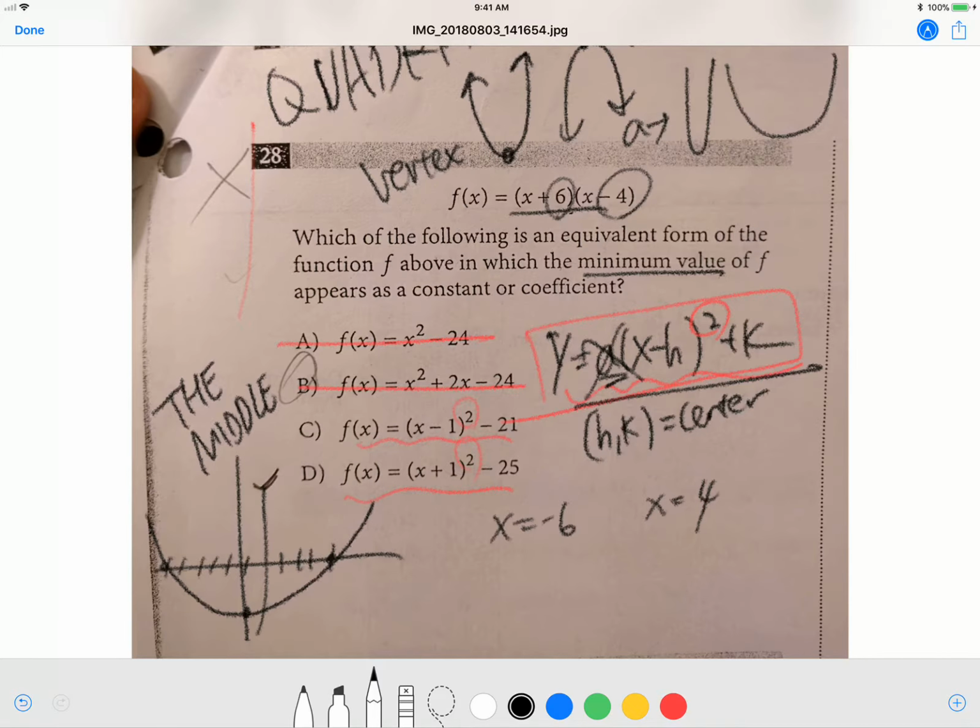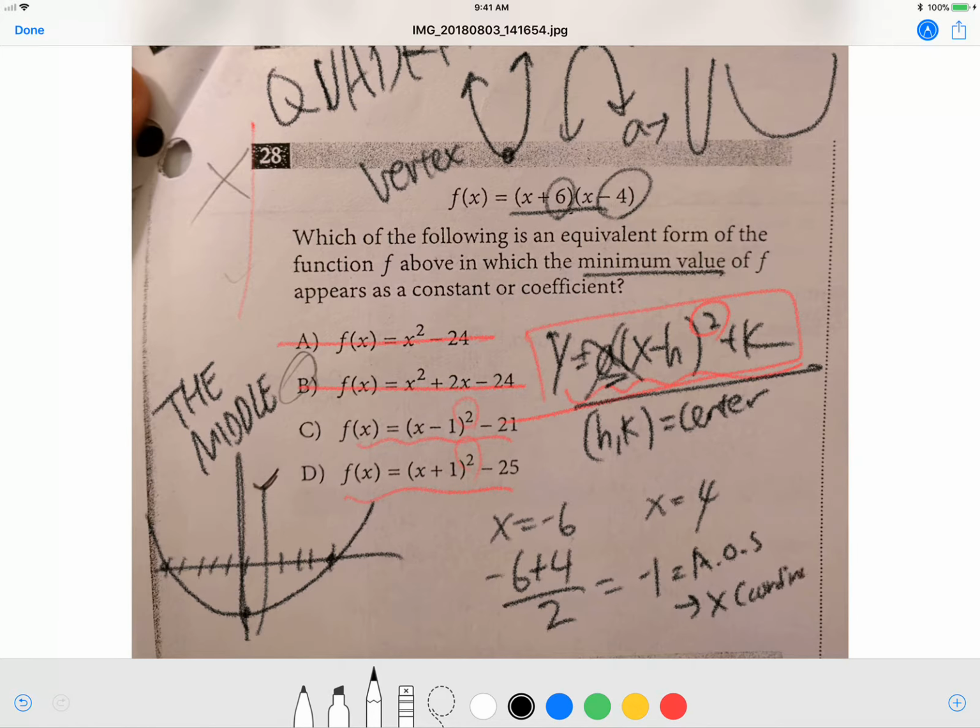So the middle value of these two, simply like finding the average of those two values, is going to give you -1. So at -1, it's going to be where my center, what we call the axis of symmetry, basically. But this is also your x coordinate of the vertex.